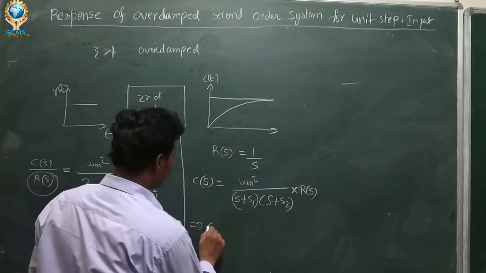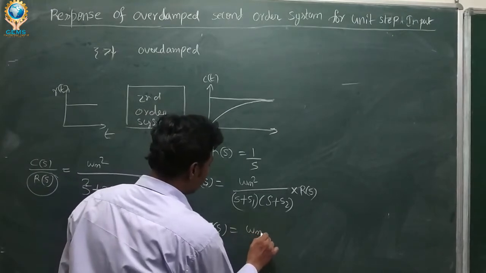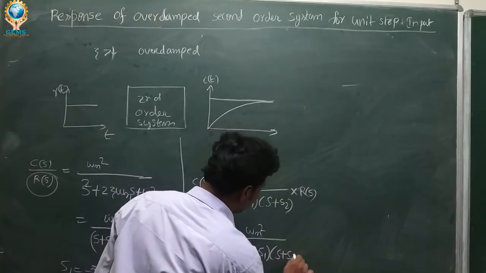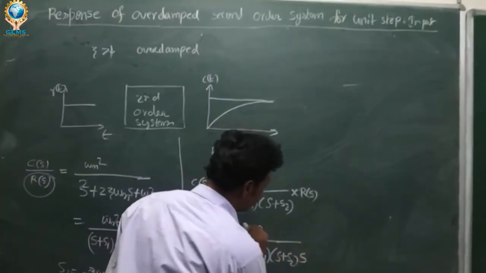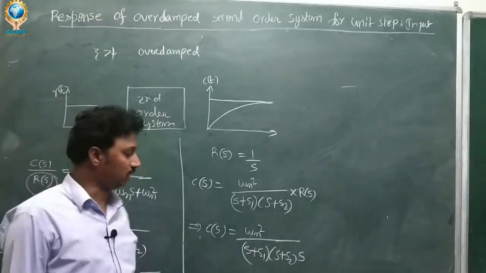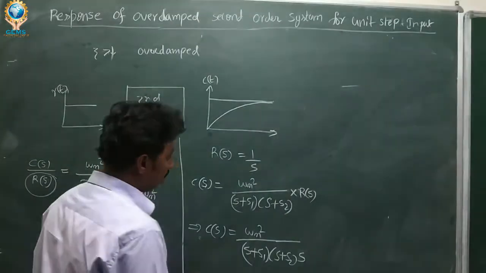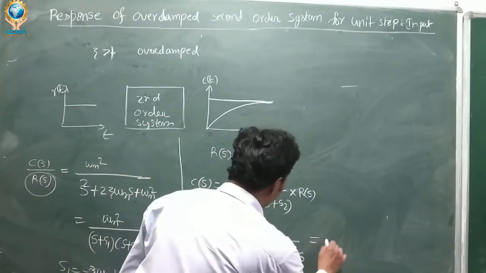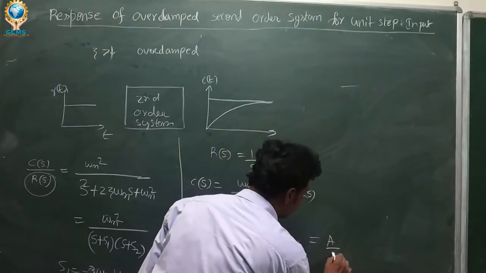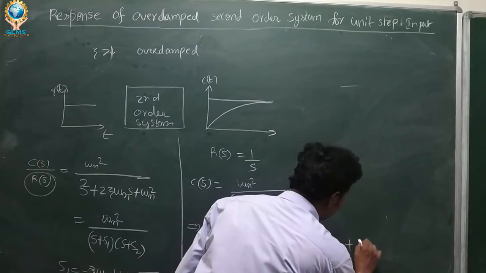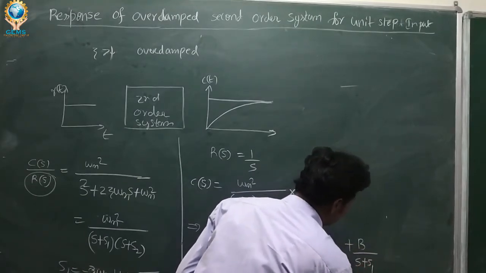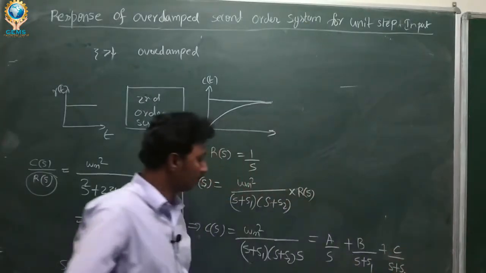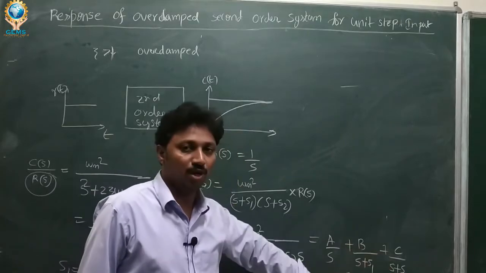So now C of S is equal to omega n square by S into S plus S1 into S plus S2, where R of S is equal to 1 by S. So now we have to make partial fractions for this. Apply the partial fraction method. So when you apply partial fractions, A by S plus B by S plus S1 plus C by S plus S2. Now you have to find the A, B, C values, right?